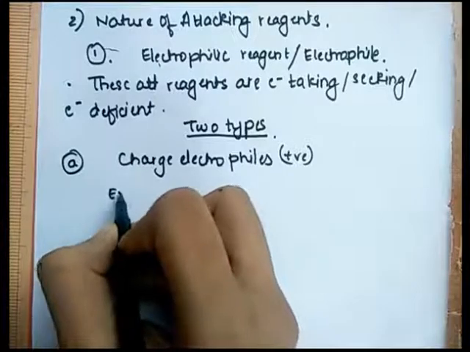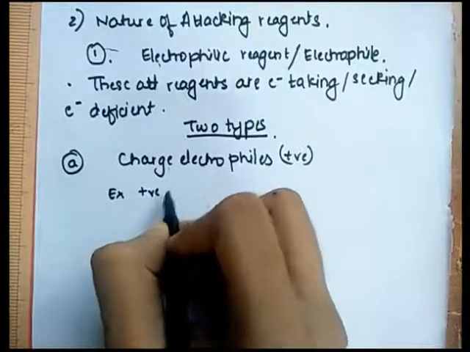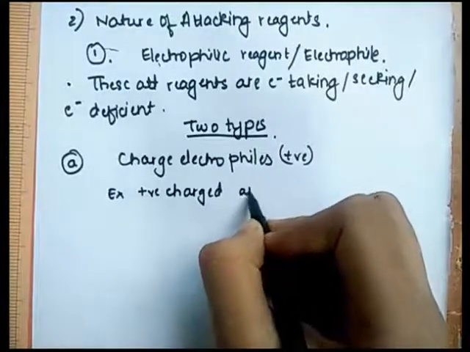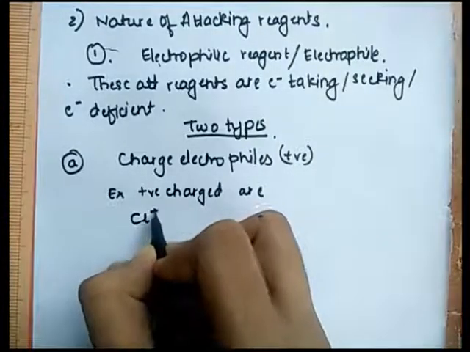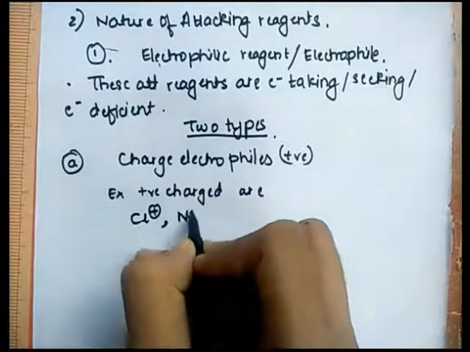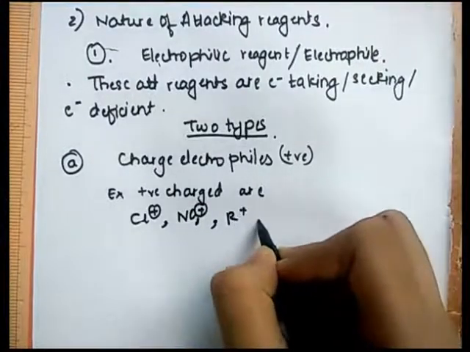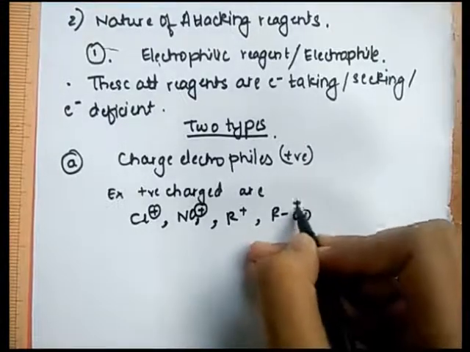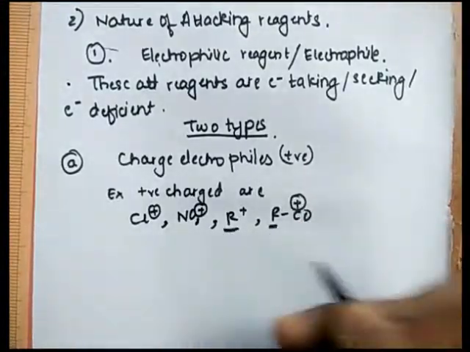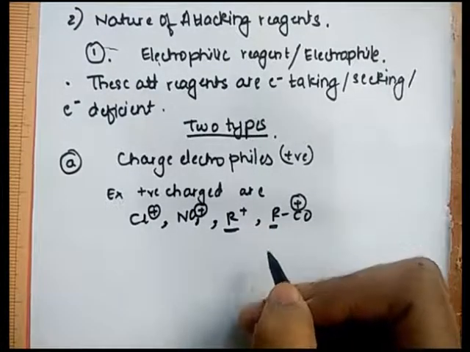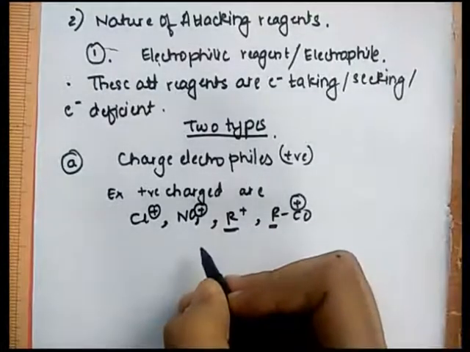Examples of positively charged electrophiles are Cl plus, NO2 plus, R plus, RCO plus. R being any alkyl or any hydrocarbon carbon chain.